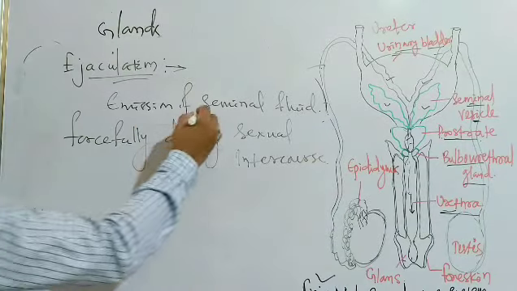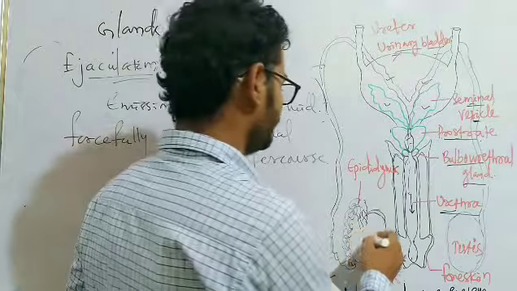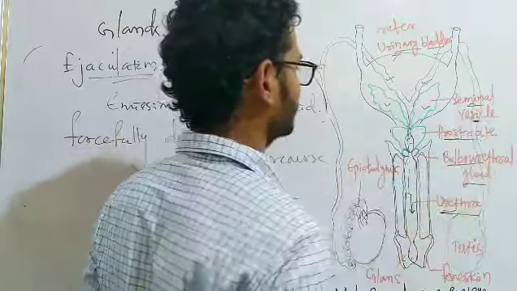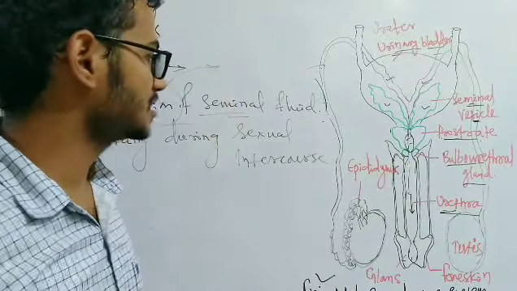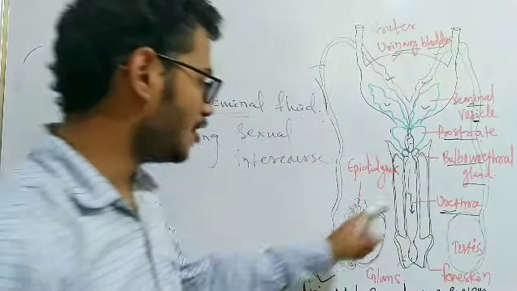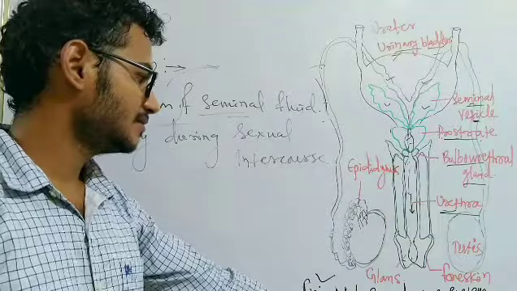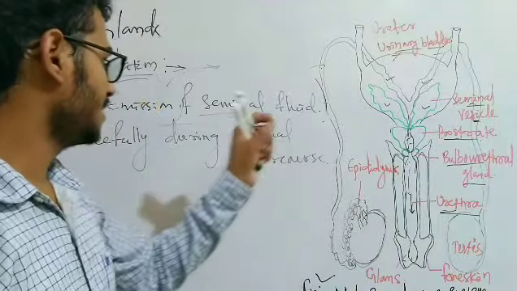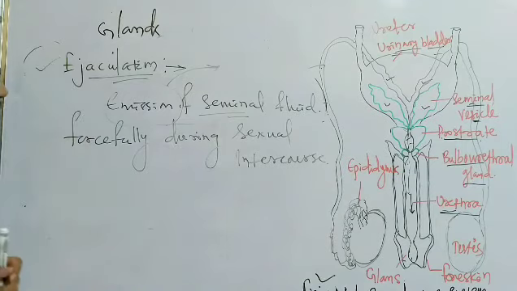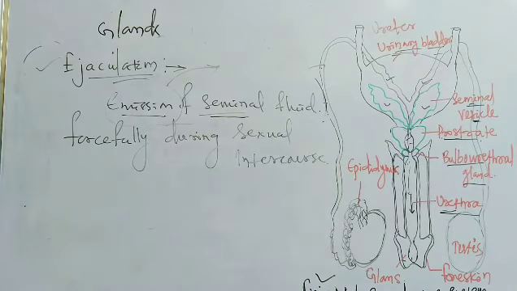So the emission of seminal fluid, coming out of the seminal vesicle, prostate and bulbourethral gland, they contribute to the semen, and sperms are also present in that, and all together they come out through the urethra to the outside, and that is called ejaculation or emission of seminal fluid.